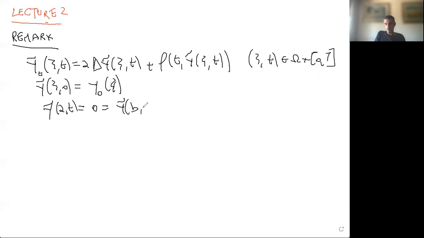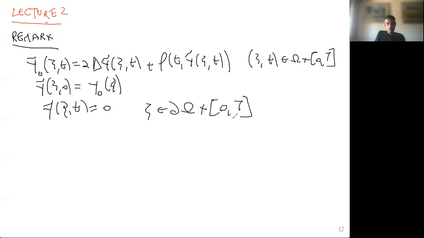At the boundary, y tilde equals y0, when c belongs to the border of Omega times (0,T).